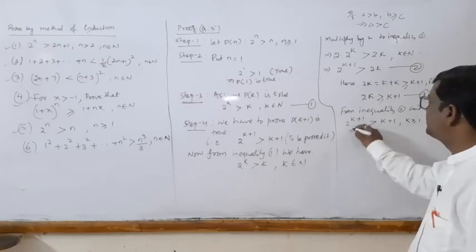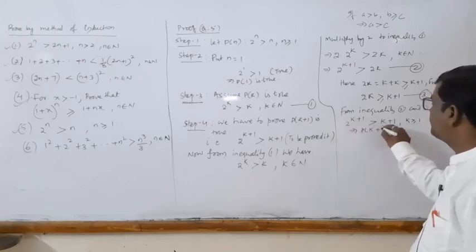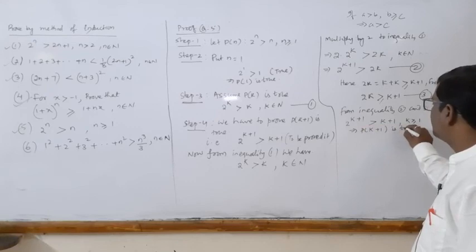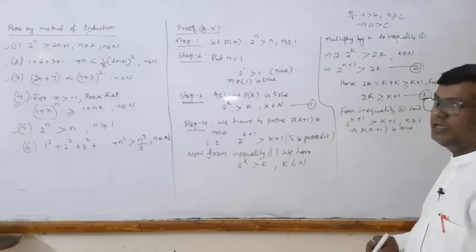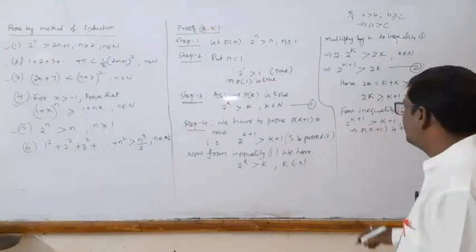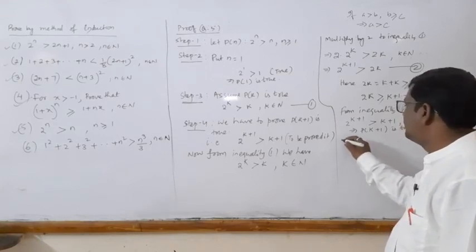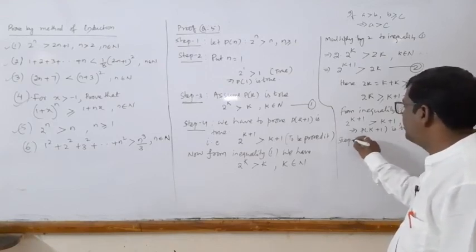That implies P of k plus 1 is true. Now step 5 is conclusion.